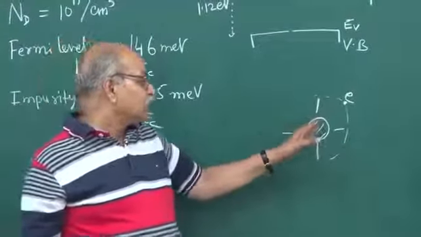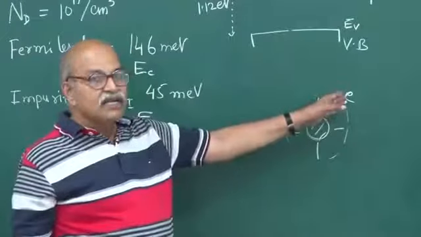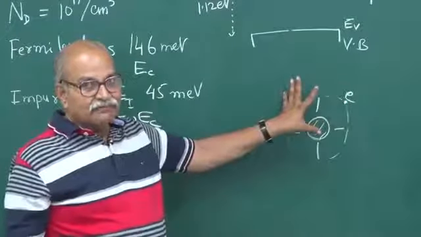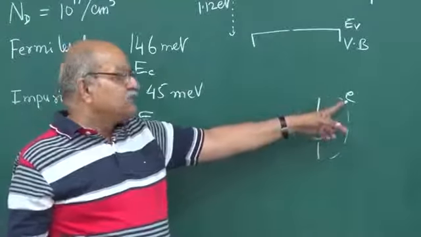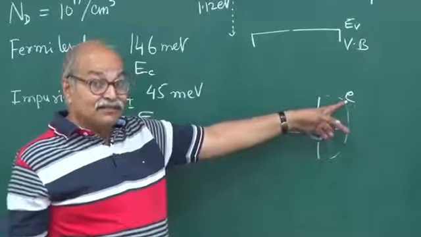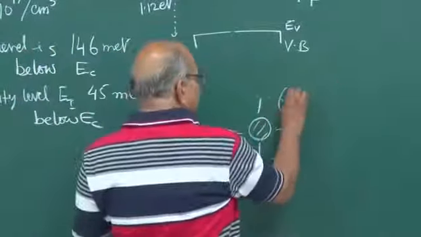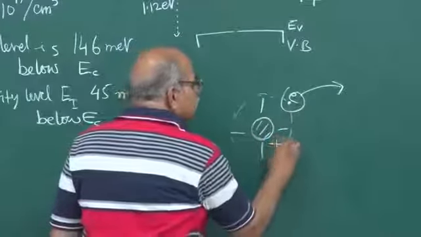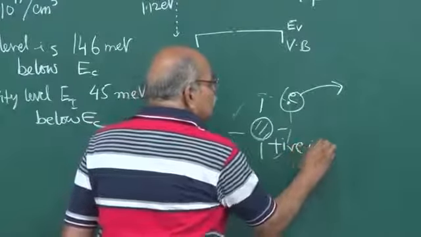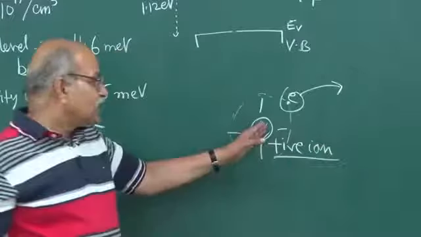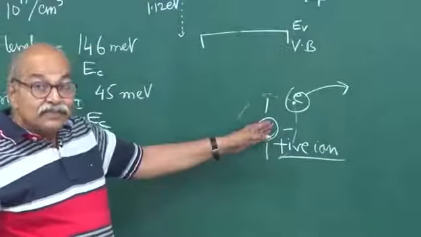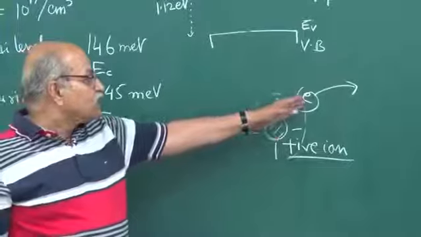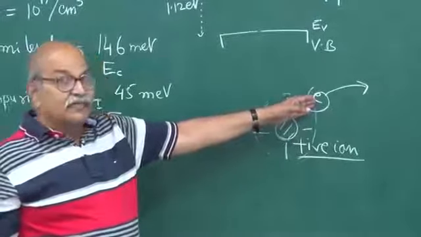It had 5 electrons, there are 5 electrons, and therefore it's a neutral atom. But if this electron goes to the conduction band, what is left here is a positive ion. And you say that this donor atom has been ionized. That means the electron has gone into the conduction band.